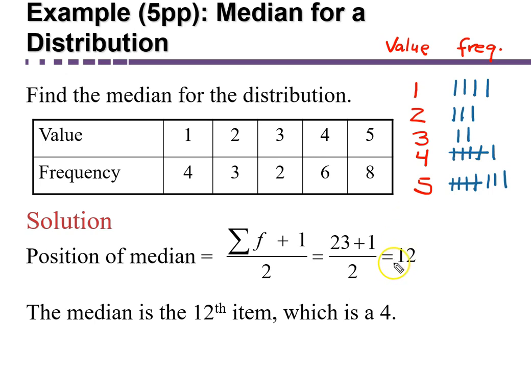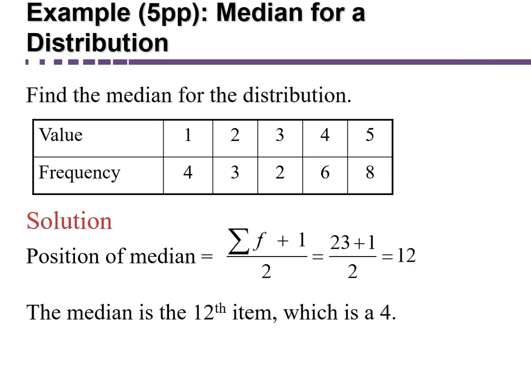Well, again, we're saying it's in the 12 position. So you start counting. 1, 2, 3, 4, 5, 6, 7, 8, 9, 10, 11, 12. That is the position of your median, and that's what we worked out. So keep in mind, 12 is not the median. 12 is the position. The median value is the 4. And that's what they're illustrating. All right, let's go on.